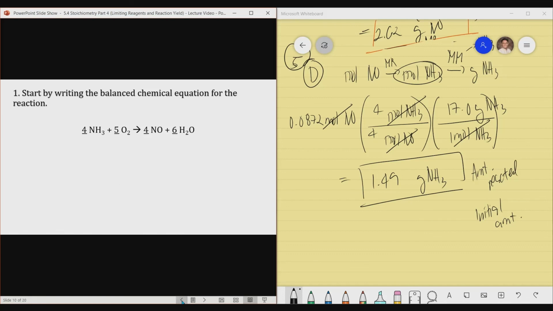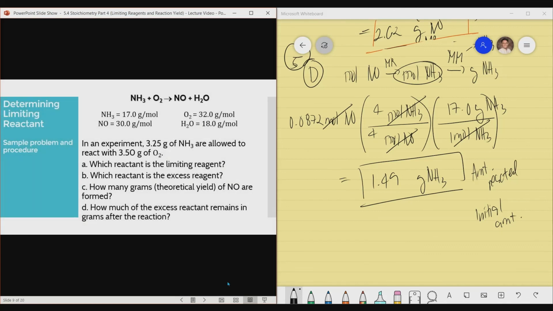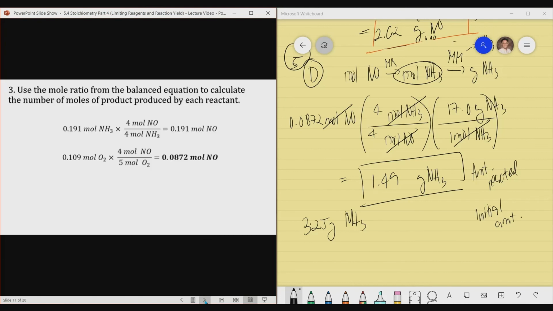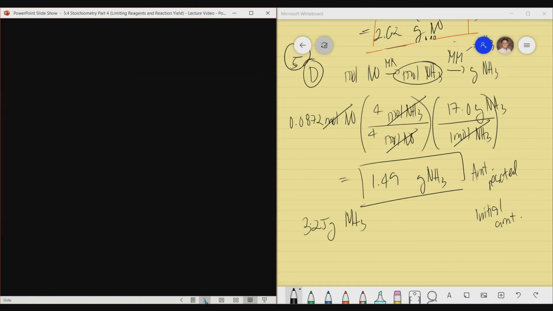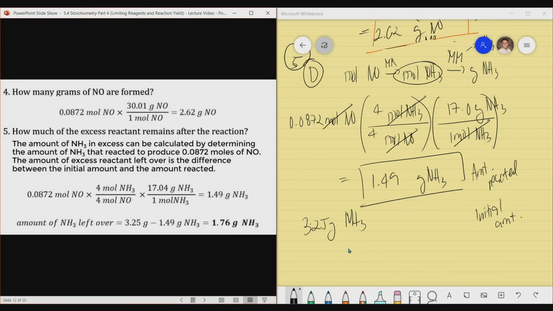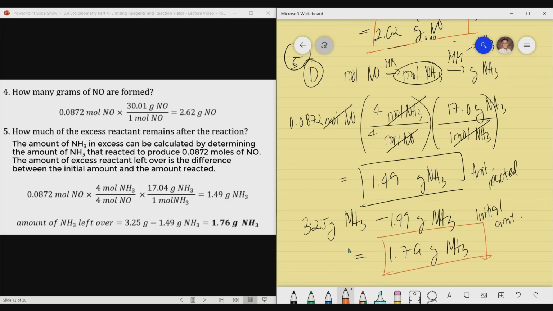Yung given, according to problem, is that our NH3 is 3.25 grams of NH3. So, ang simpleng gagawin lang po natin ay, sa 3.25 ay isusubtract natin with 1.49. So 3.25 minus 1.49 grams of NH3. Our answer is 1.76 grams of NH3, and this will be your answer for letter D.